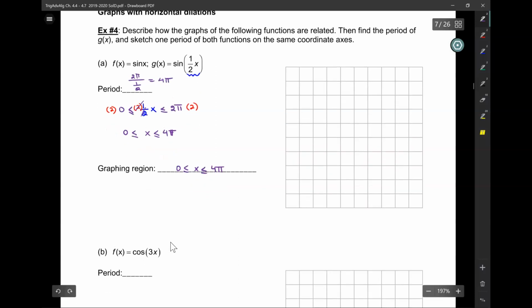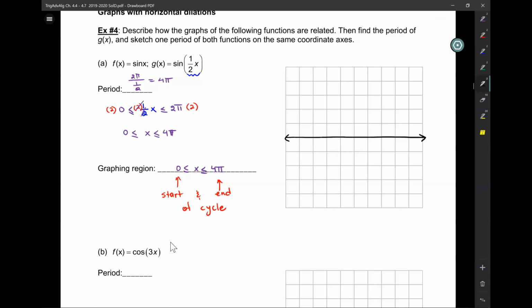Okay, now this tells me the new beginning and end of my graph, okay? So this is the beginning or the start, and this is the end of the cycle. So now I draw my x-axis just like I did on the homework for today.